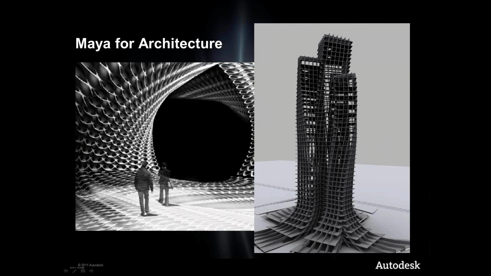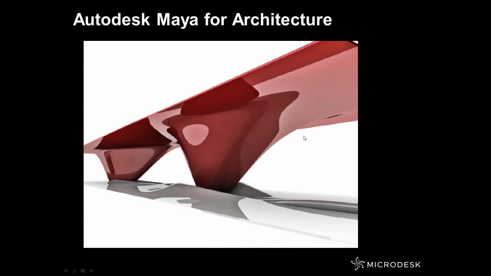Now you see architects use Maya as a tool for conceptual design, to make decisions early on, and really for manipulating things that are very complex as far as surfaces. You can really achieve a whole set of organic geometry, not only using the default tools, but combining it with the existing CAD or BIM tool that you currently use.